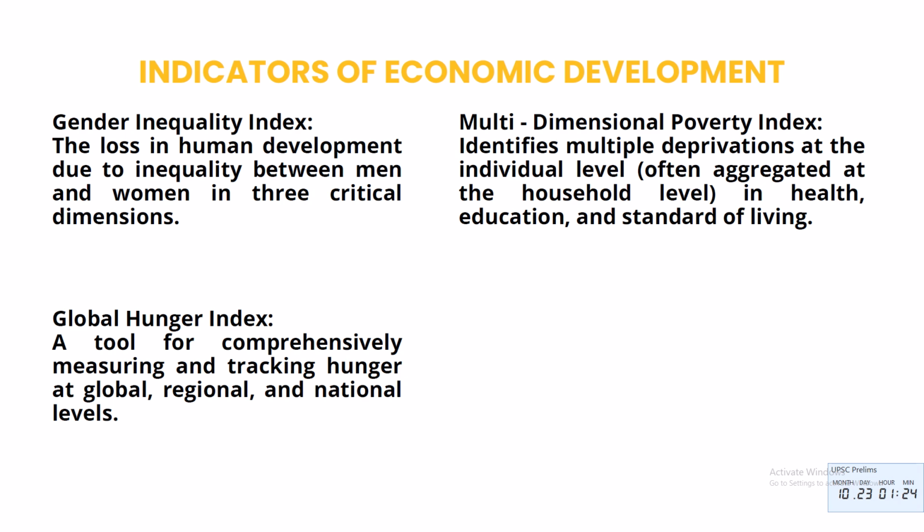Gender Inequality Index. See, it shows the loss in human development due to the inequality between men and women in three critical dimensions. The three dimensions are reproductive health, empowerment, and labor market.